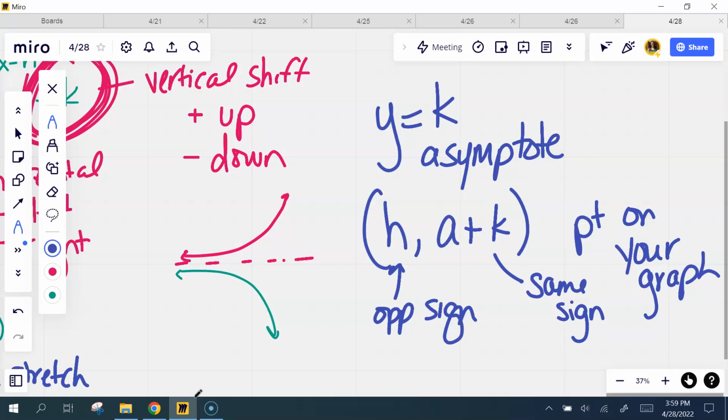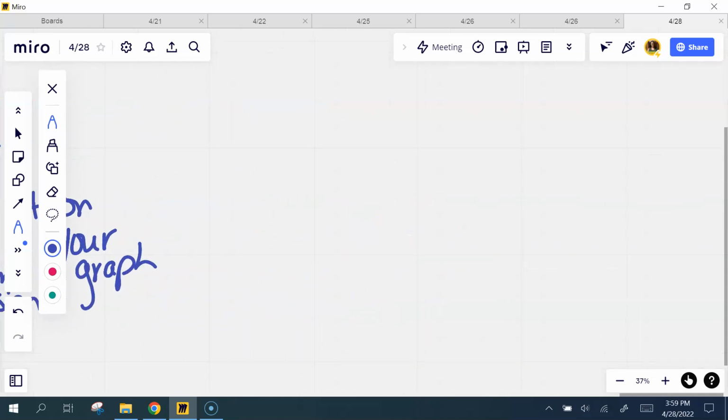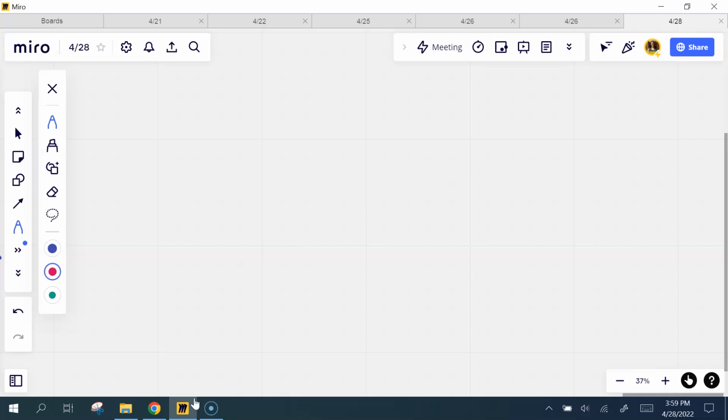So let's look at an example. Let's see what happens, and we will go from there. So first of all, with numbers 1 through 4, you're really just doing a visual analysis of the equation itself. So number 1 says that f of x equals 3 to the x plus 5 and asks you to identify the transformations, right?